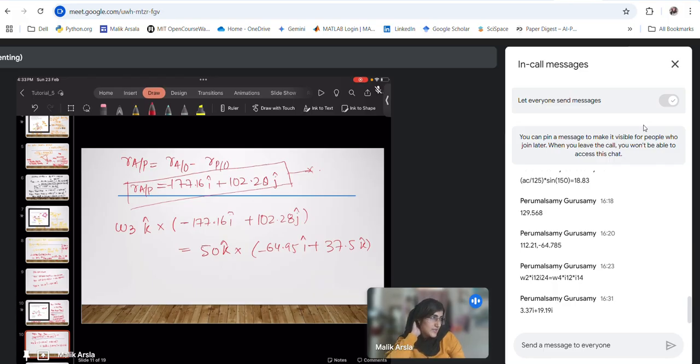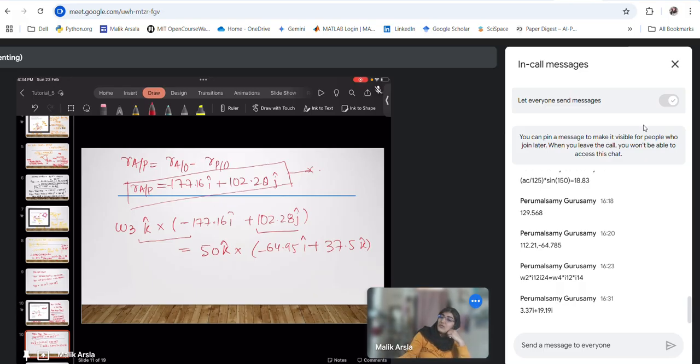K cross I will be J component from this term, then you will get K cross J, so minus of I component from multiplication of this, and you can equate the components on the right side. So quickly do it. It is simple maths, and tell me what you're getting.